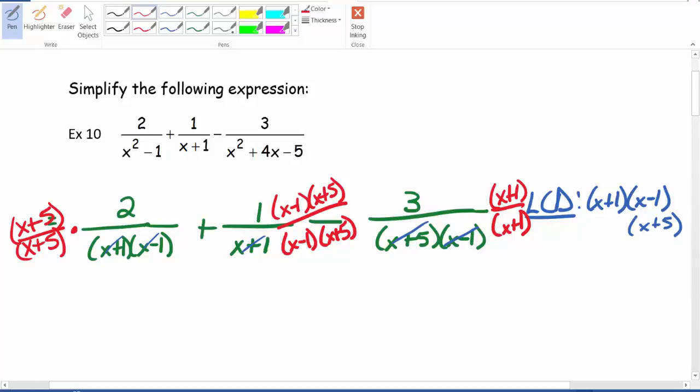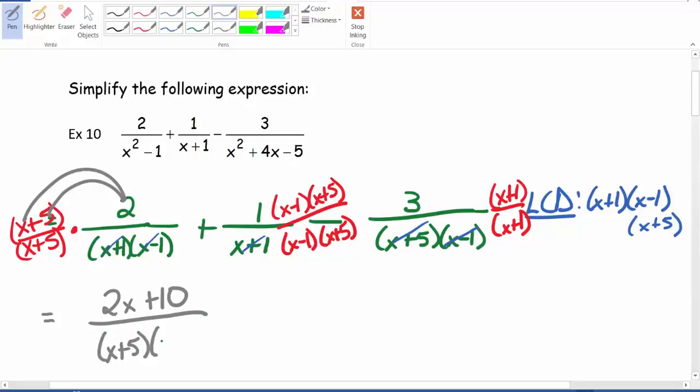Next, what we want to do is go ahead and distribute the tops. So pretty much just like normal, we end up with 2x plus 10 divided by our x plus 5 times x plus 1 times x minus 1.